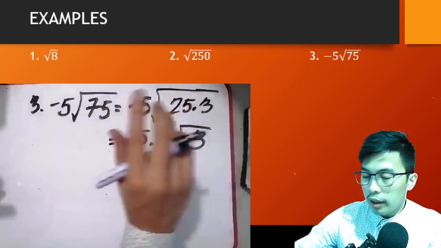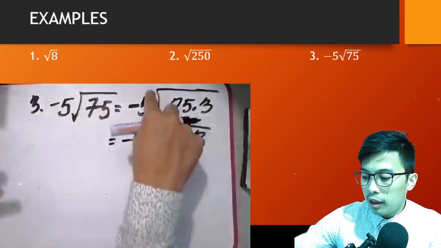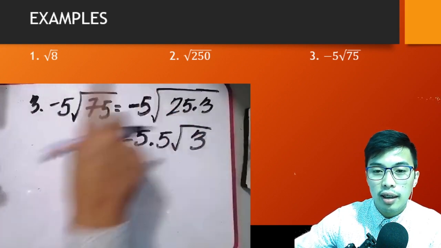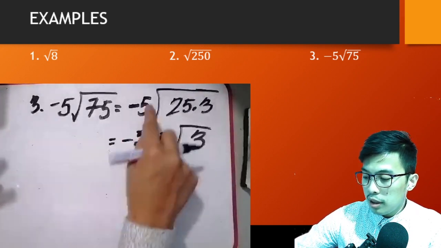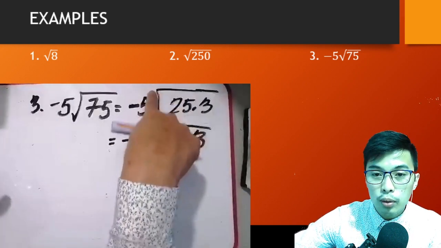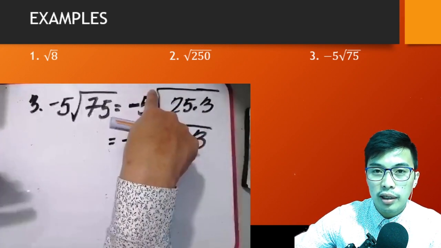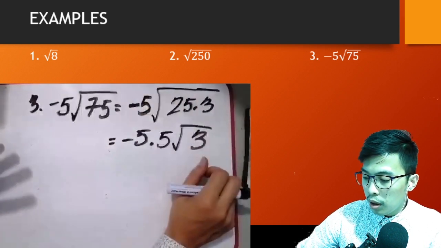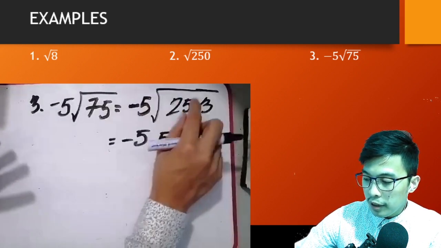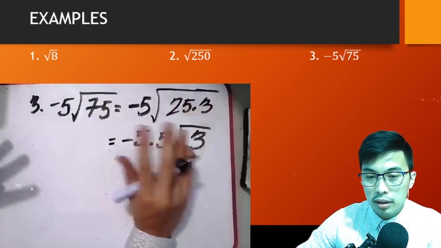Or it can be later on kapag 3 yung index dito, it is a perfect cube. Okay? So since there's an invisible 2 here, which denotes the square root. Alright, so perfect square yung hinahanap nating mga numbers.